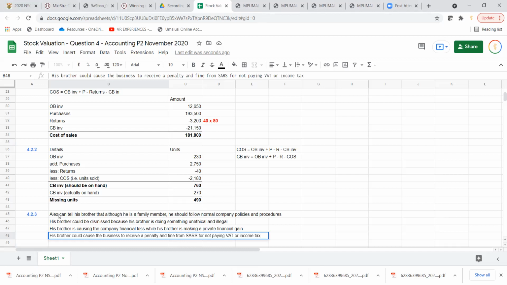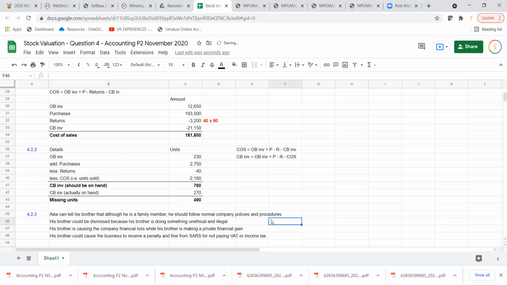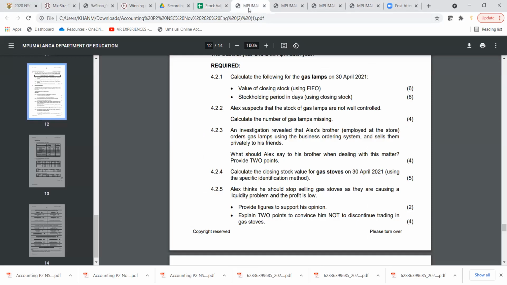Okay, so those are examples that could happen, what could be a problem for the business, and then also the unethical behavior from his brother. So it does not mean his brother is a family member, his brother can do what he wants. His brother should follow normal business practice of the company. Okay, but you can read the solution. I'm pretty sure there's more things to calculate over there.